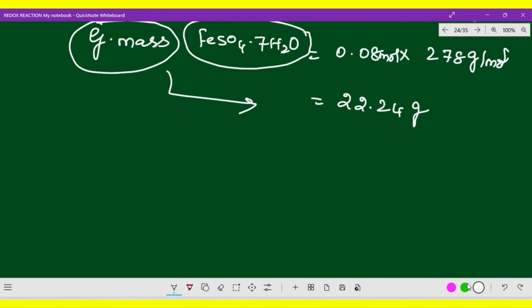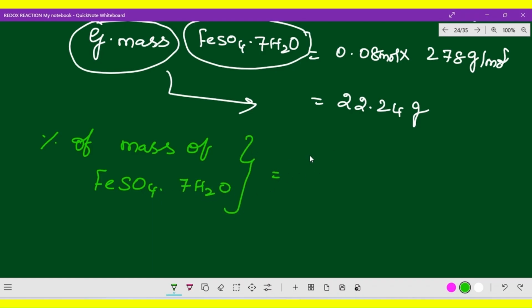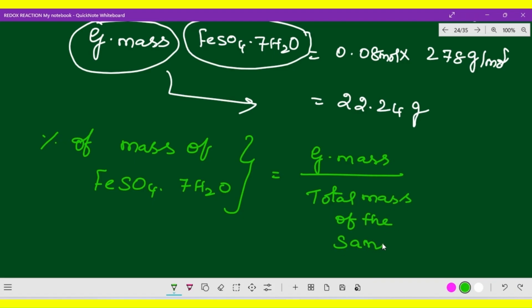Yes. Now we are going to see the percentage, right? Percentage of mass of FeSO4.7H2O, right? So what formula can we use? That is given mass by total mass of the sample. Okay, so total mass of the sample is 32 gram. Now in the question, the first point, that 32 gram, right?